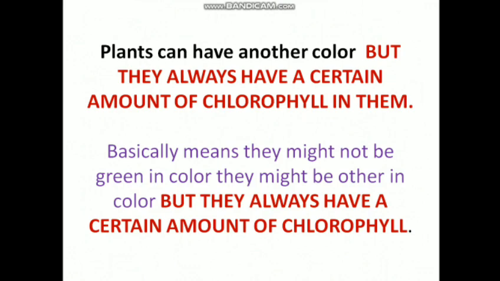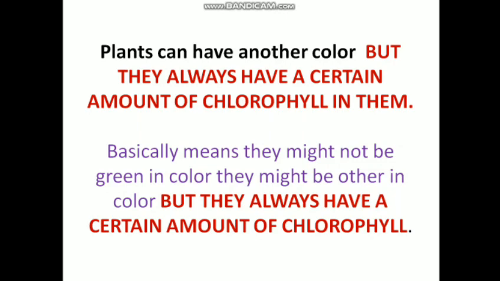Basically, they might not be green. It is not necessary. They might be other in color, but they always have a certain amount of chlorophyll. So if you see any other color leaf, then that leaf contains chlorophyll.